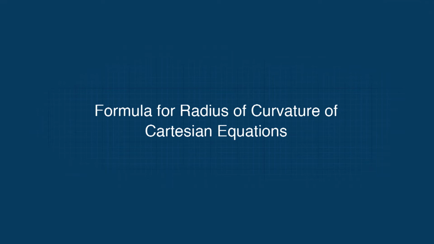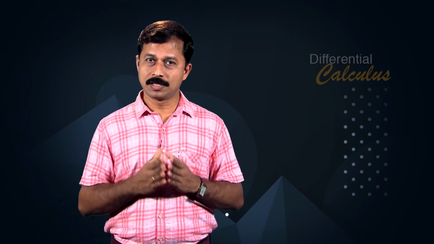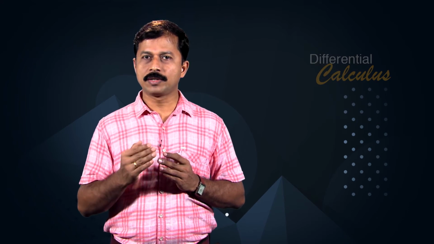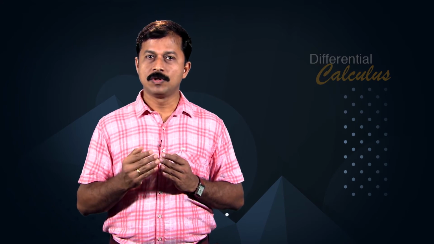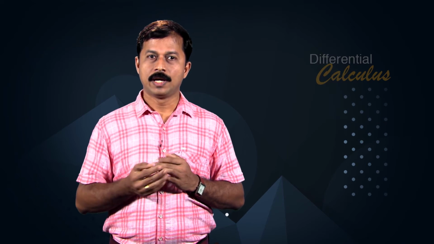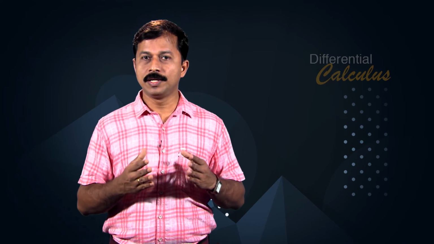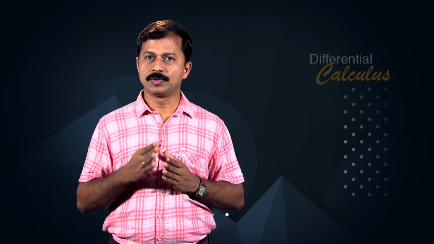Now, we discuss the formula for radius of curvature of Cartesian equations. Let y is equal to f of x be the curve. The variable s denotes the length of arc AP along the curve from a fixed point A, and the variable psi denotes the angle between the tangent at P to the curve and the x axis.